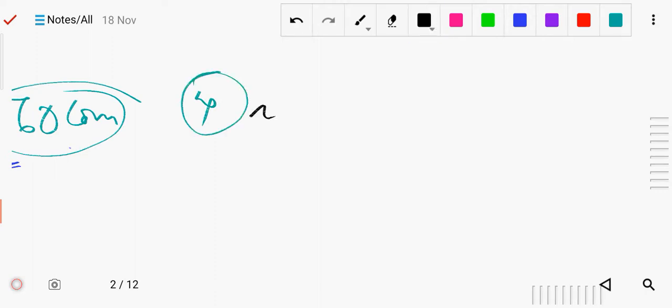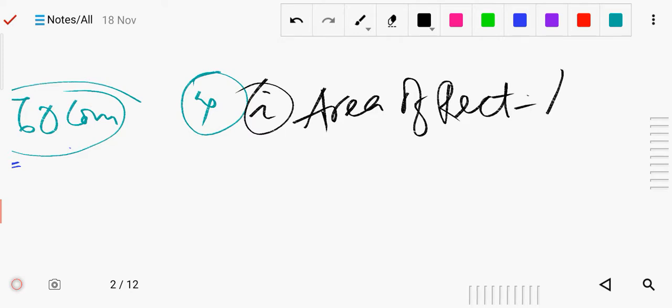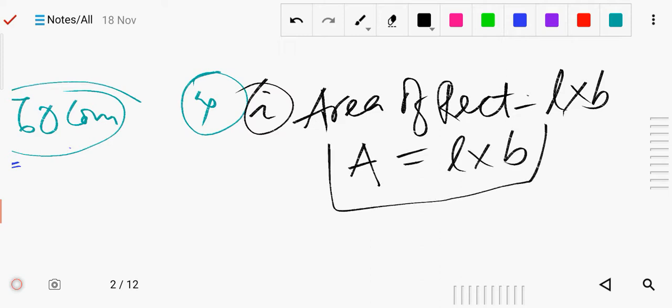First, in the normal condition, meaning there are no changes in its length and breadth, what will be the area of the rectangle? Area of rectangle is L into B. I can write in short, A equals L into B. If there are no changes, this is your original one.